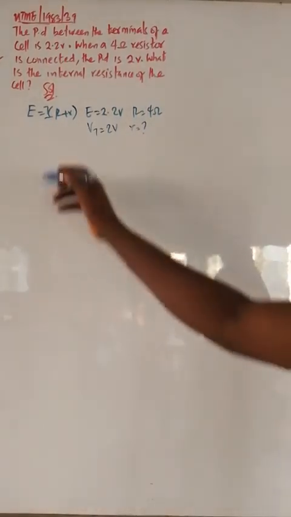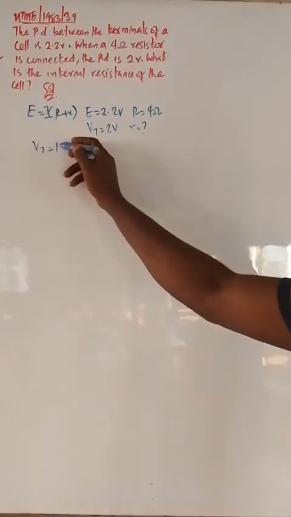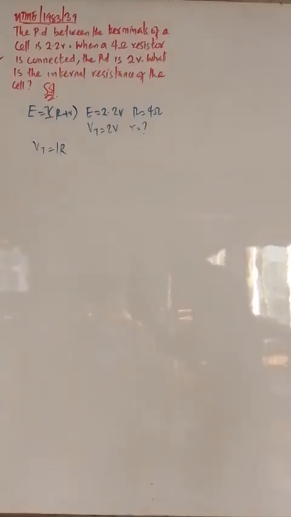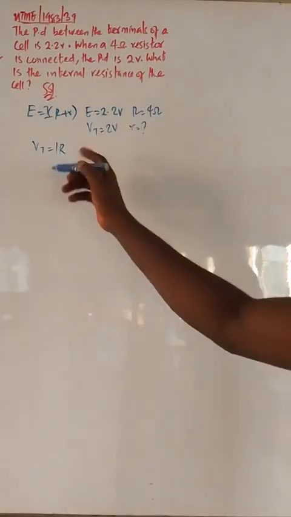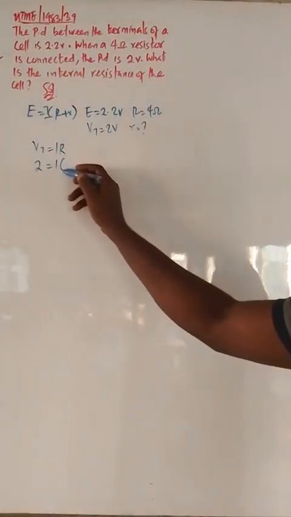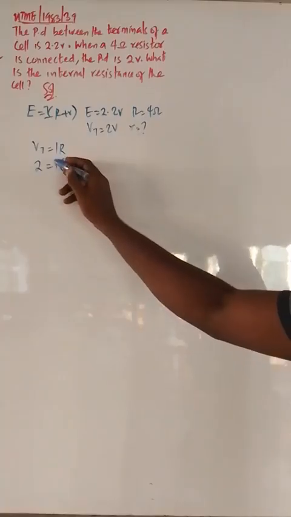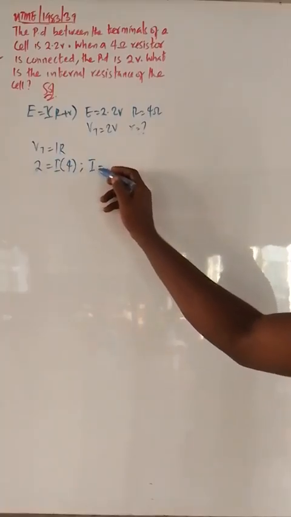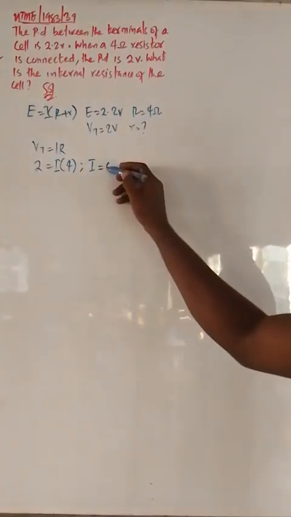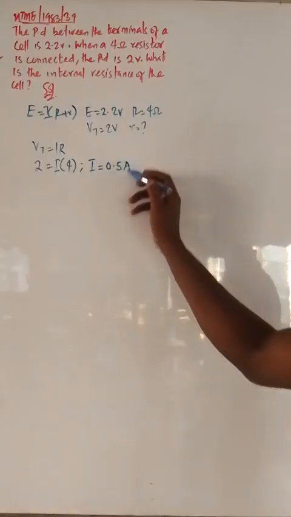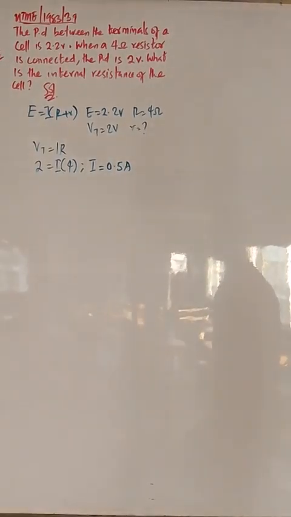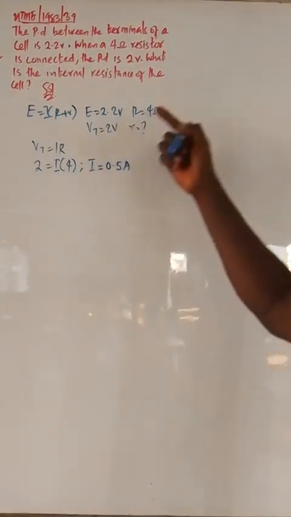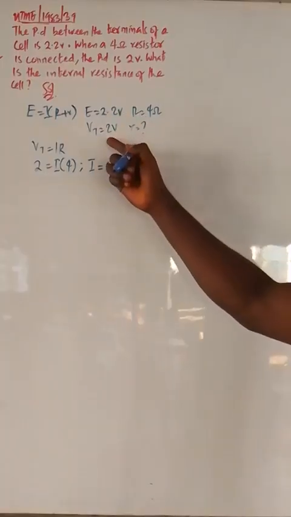So what are we going to do? We know terminal voltage equals IR, and it's given to be 2 volts. The R is 4 ohms. From here, the current equals 2 over 4, that is 0.5 amperes. Next, the cell is supposed to supply 2.2, but it is supplying 2 volts.